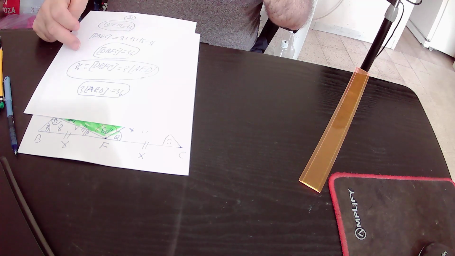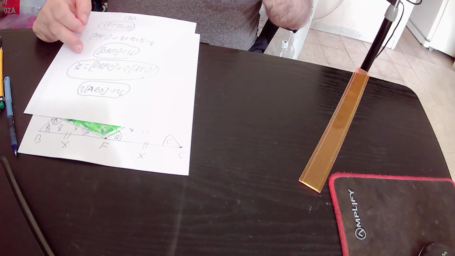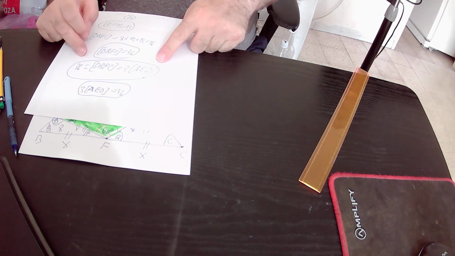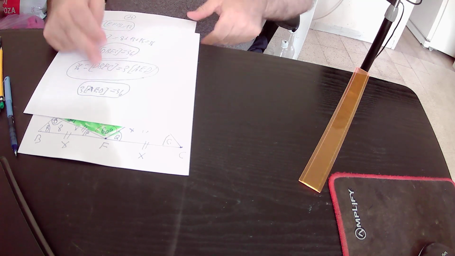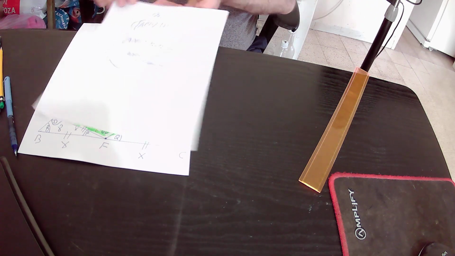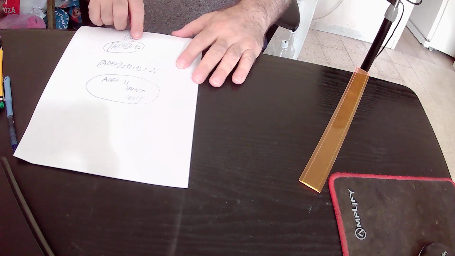But we have already found out that the area of quadrilateral DBEC equals 3 times the area of triangle ADE. So from this equality we got that 3 times the area of triangle ADE equals 36. We divided this equality by 3 and we found out that the area of triangle ADE equals 12 square units.